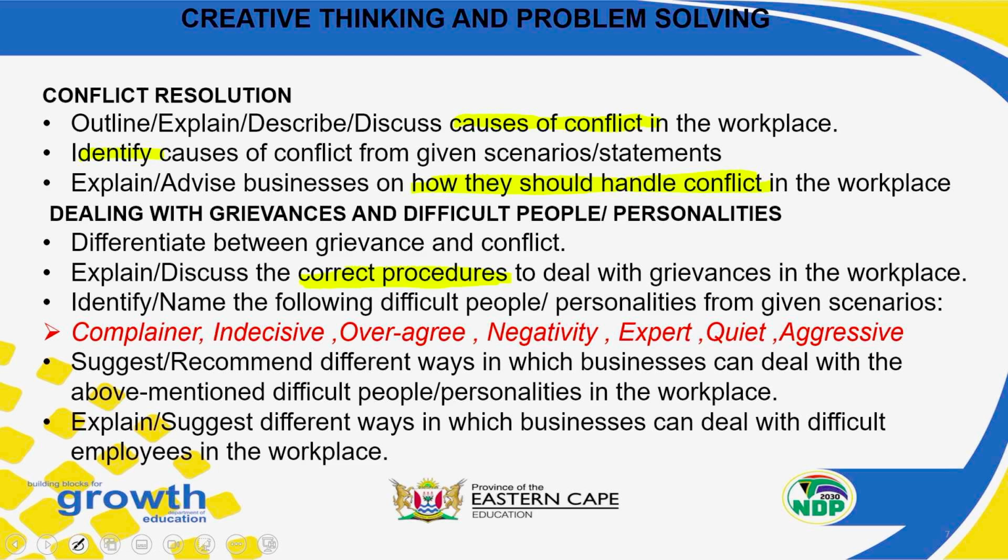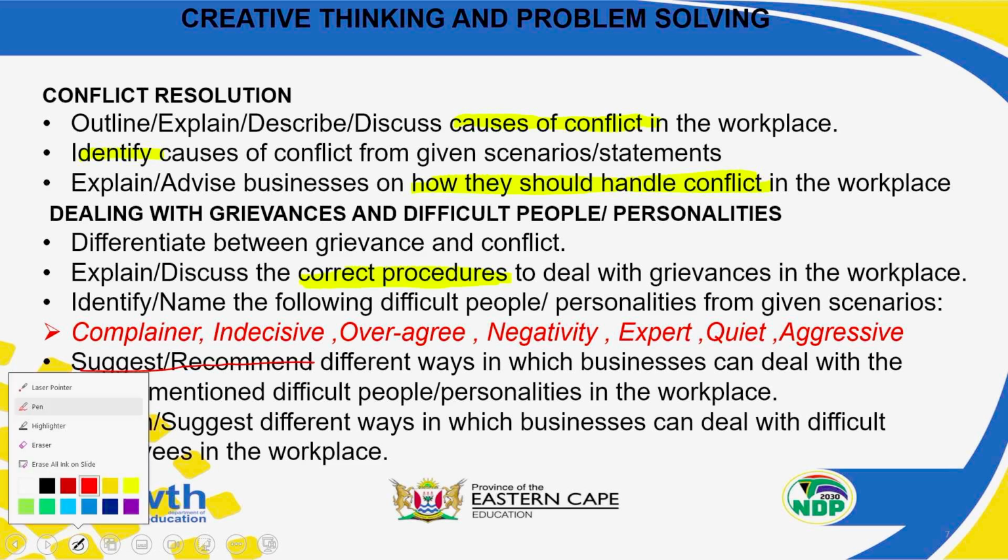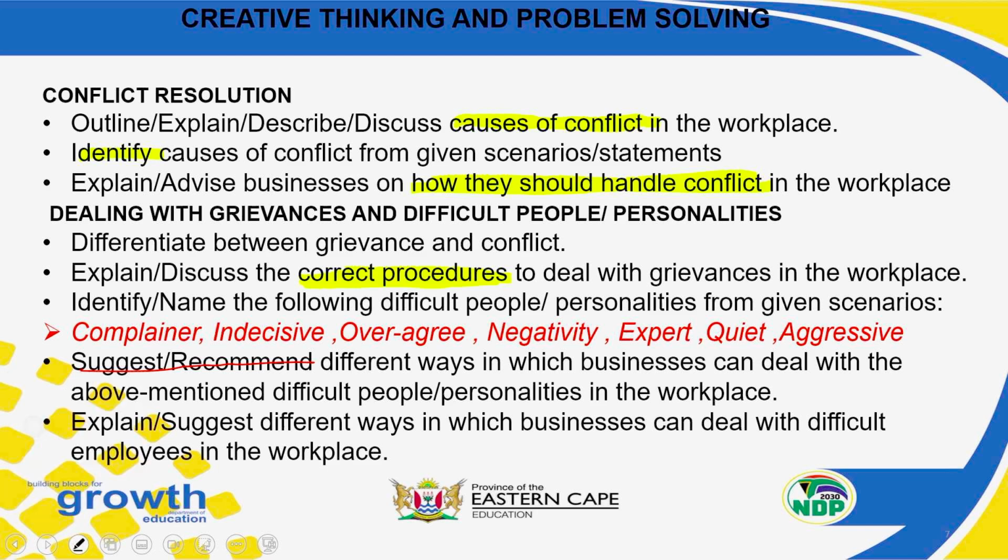Don't confuse this one with the ways to deal with the negativity, the expert. It is different when you say the ways in which businesses can deal with a difficult employee. Let me tell you why.